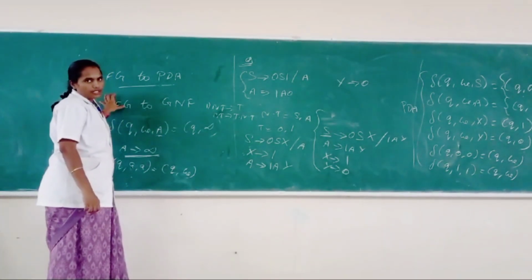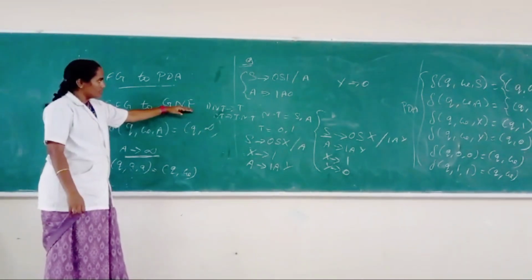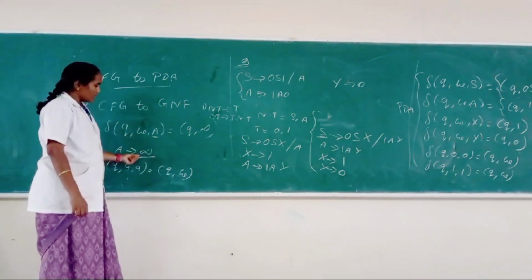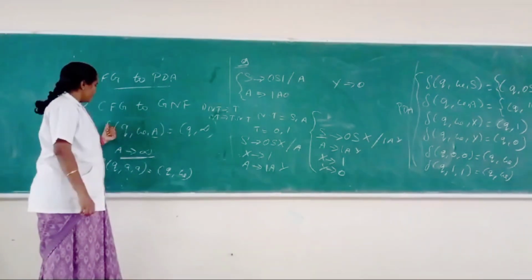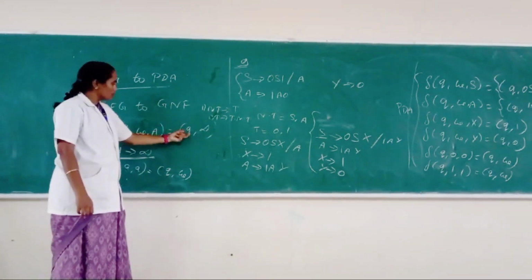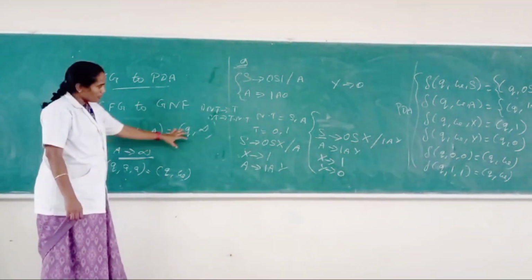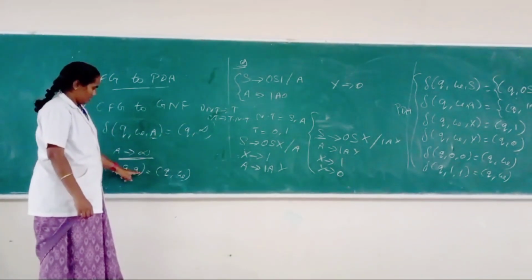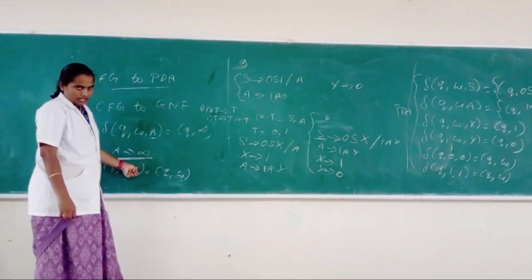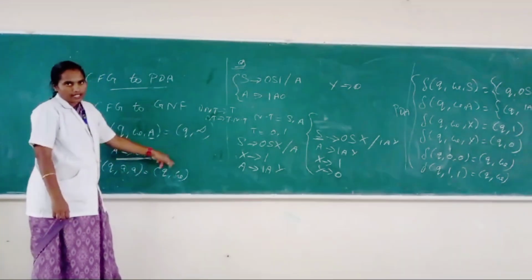So first convert CNF into GNF. Second one, if the production is in the form A tends to alpha, our PDA is transition function of q comma epsilon comma non-terminal equal to q comma right side of the production. In case of terminals, transition function of q comma terminal symbol equal to q comma epsilon.